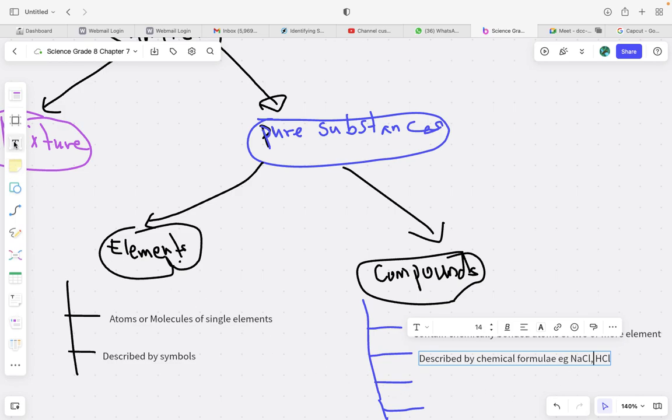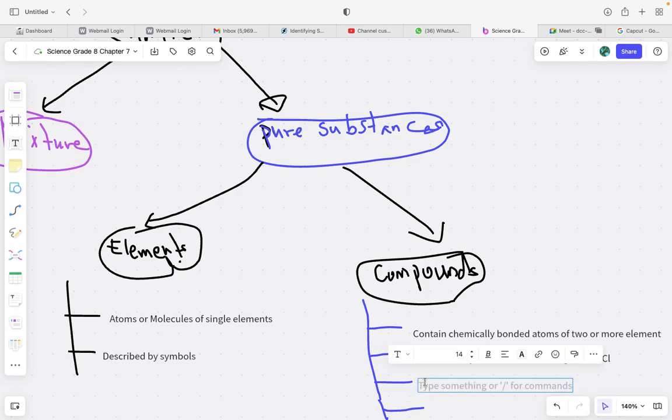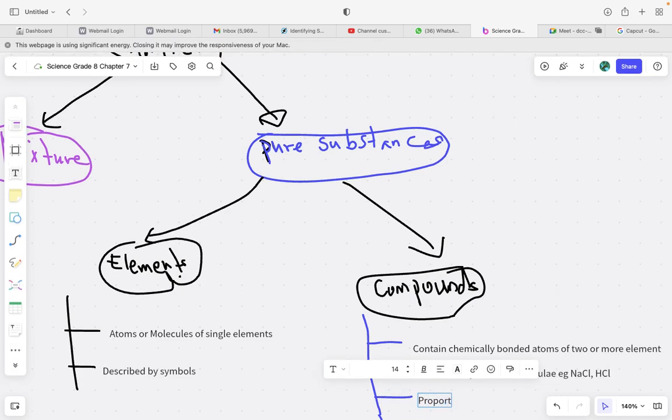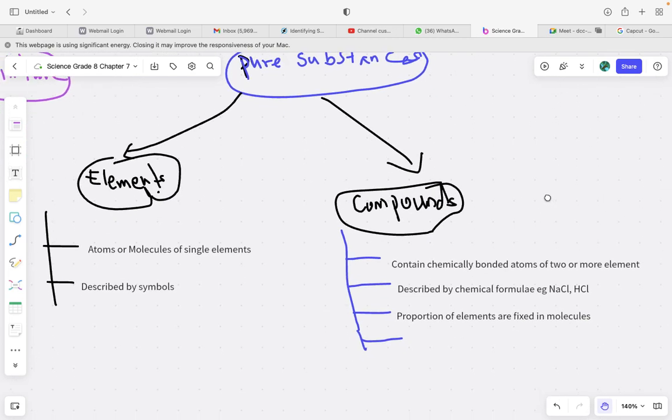Now again, for compounds, the proportion of elements is fixed in the molecule.